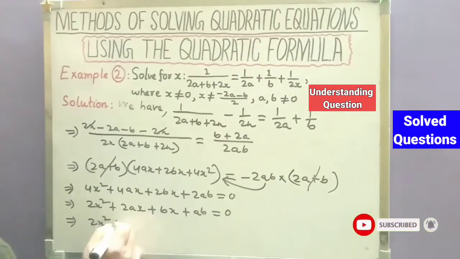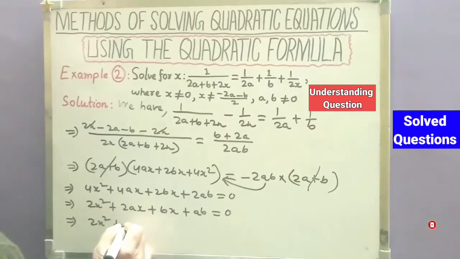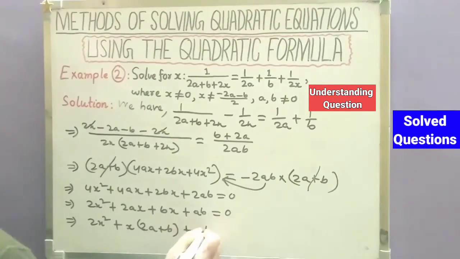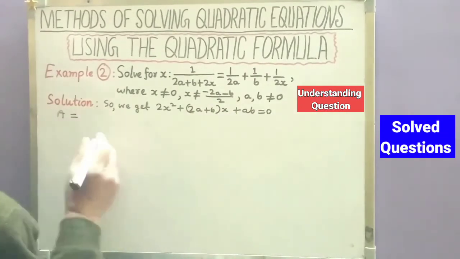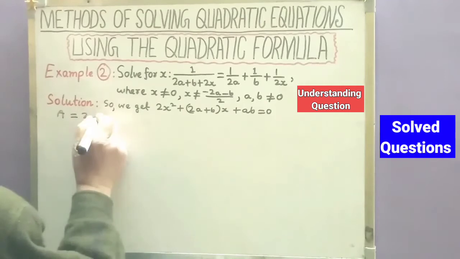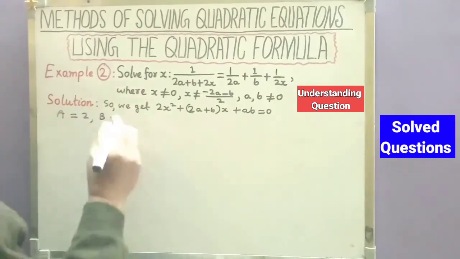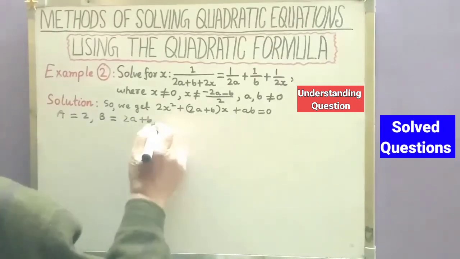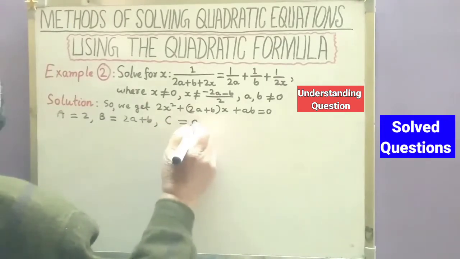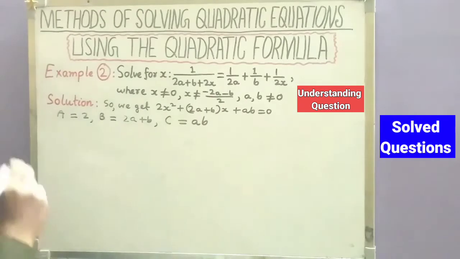Now, on simplifying, we get 2x² + x(2a + b) + ab = 0. Comparing it with the standard form of the equation, we get a = 2, b = 2a + b and c = ab.